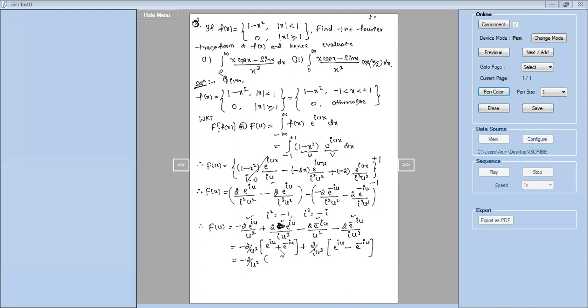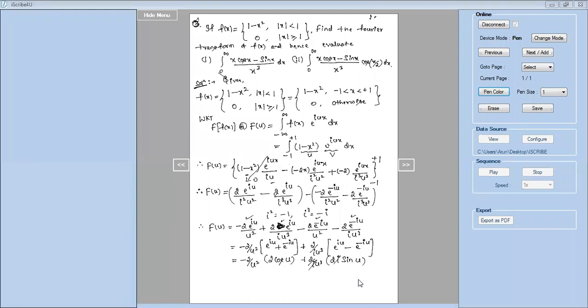Theta means u. Similarly, plus 2 by I u cube into e power I theta minus e power minus I theta, which can be written as 2I sin theta. Theta means u. Now in the second term, if you observe, this I gets cancelled.